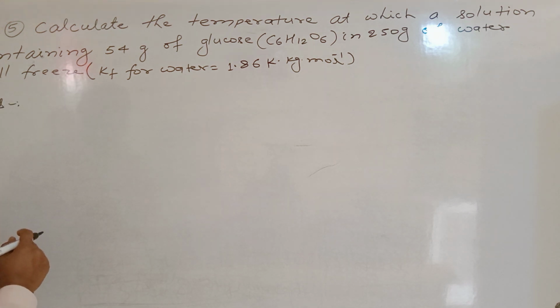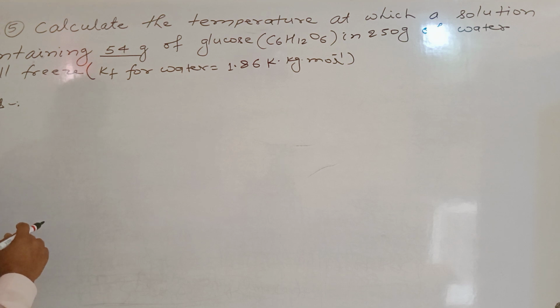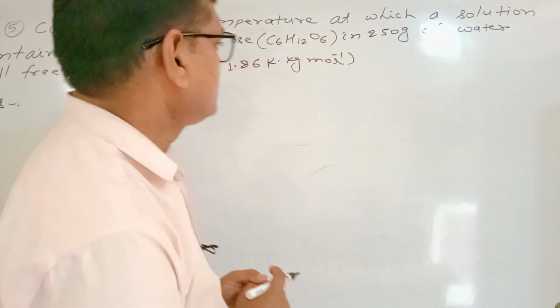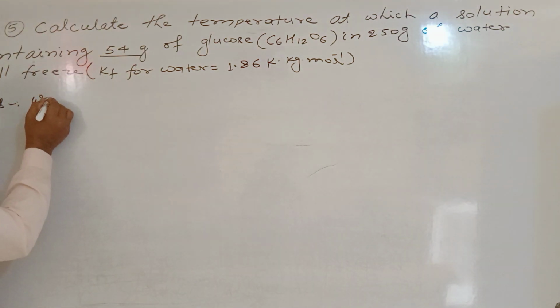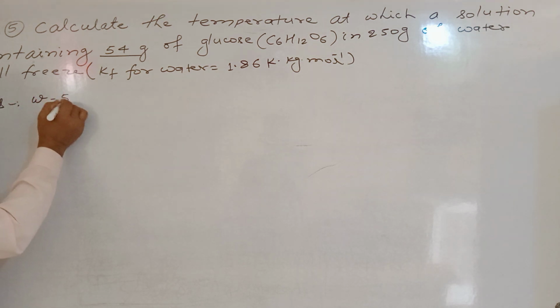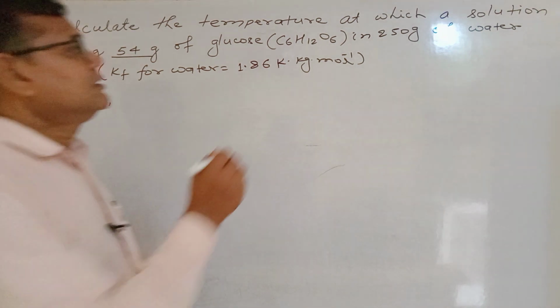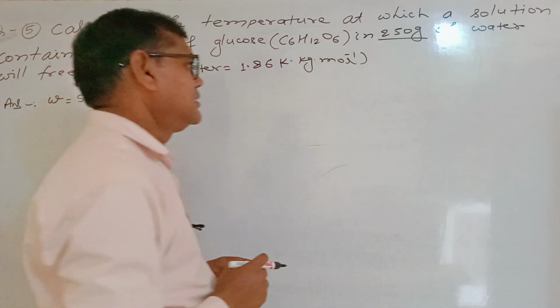In the question, it is a mass of glucose. In the question, glucose is a solute. The mass of solute is indicated by a small w. Here we write small w is equal to 54 gram. In the question, 250 gram of water.